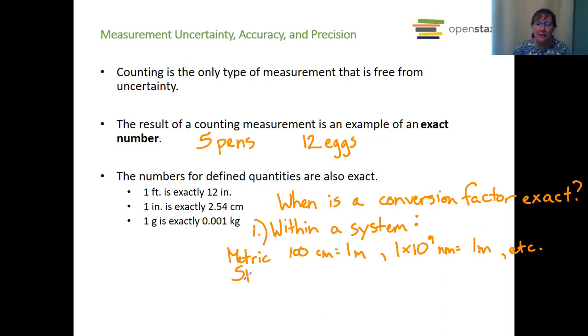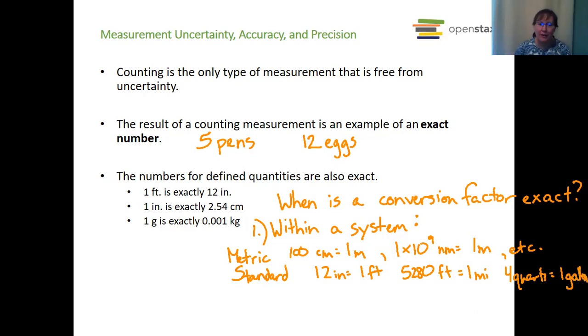Within our standard system, we'll call it, within standard system, they're also exact. So you could say that there are 12 inches in 1 foot. This is a defined exact quantity. There are 5,280 feet in a mile. Okay. There are, let's say, 4 quarts in 1 gallon.